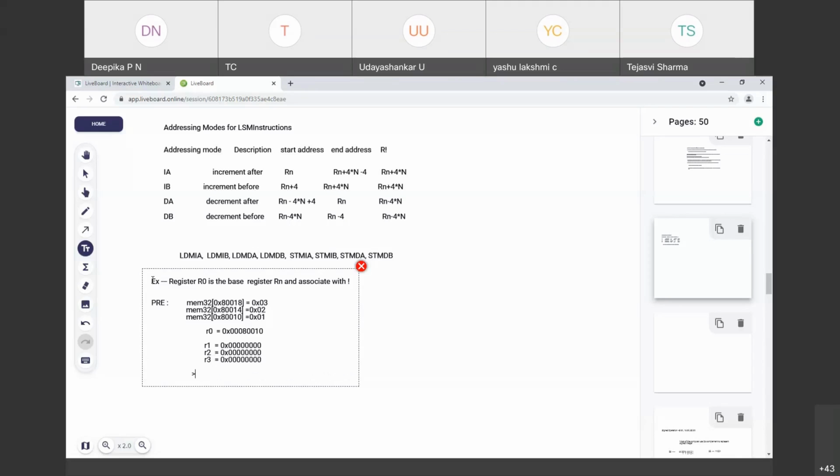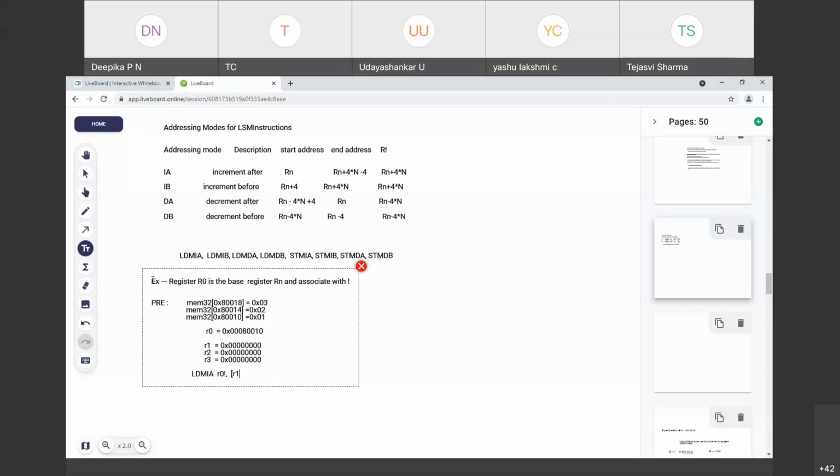So I'll write the instruction like this. Let's say I want to use LDMIA, the load multiple instruction with increment after. It can be written like this: LDMIA R0!, followed by the registers.